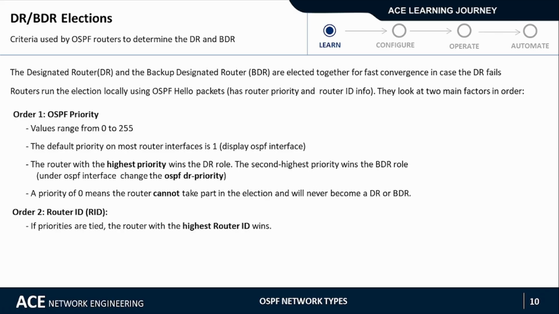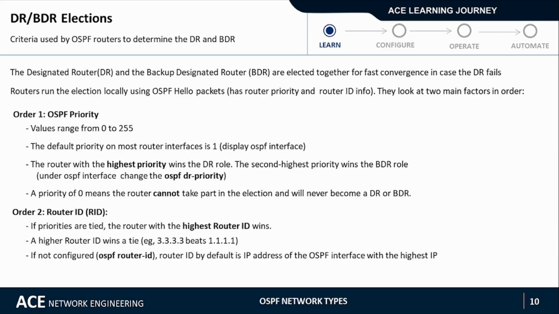So the OSPF router with the highest router ID wins the DR election. How do we get the router ID? The router with the highest ID wins the election. So 3.3.3.3 will beat 1.1.1.1. So how do we get the router ID? If the router ID is not configured, you can use, when we come to configuration, we look at that.